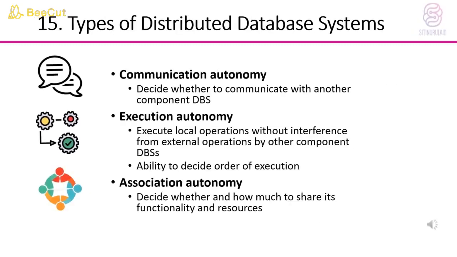Communication autonomy: decide whether to communicate with another component DBS. Execution autonomy: execute local operations without interference from external operations by other component DBSs, with the ability to decide order of execution. Association autonomy: decide whether and how much to share its functionality and resources.